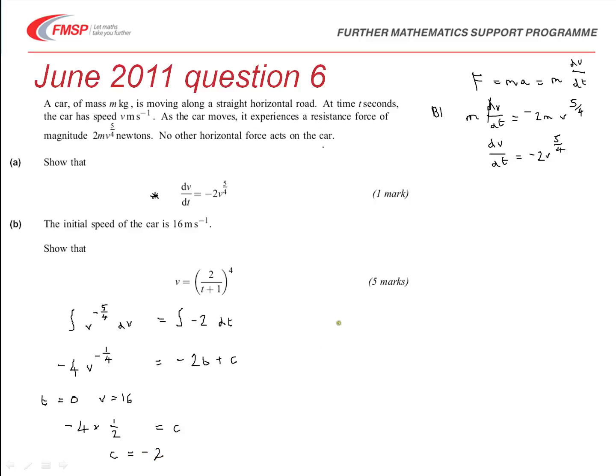Okay, so that now tells us that we have minus 4v to the minus a quarter equals minus 2t minus 2.